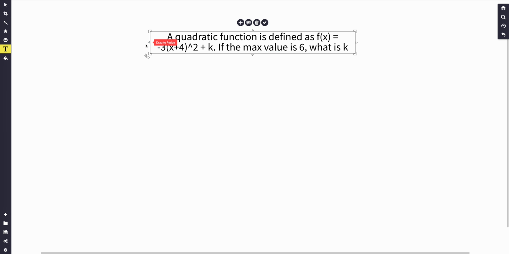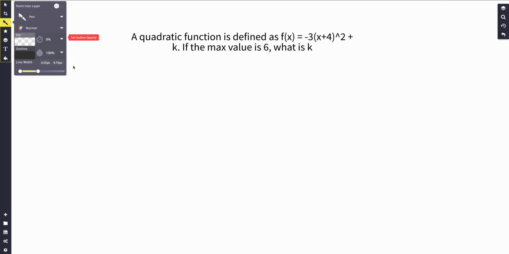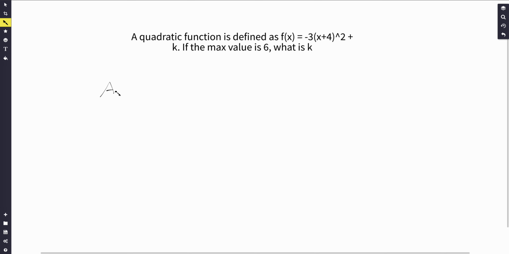If the max value is 6, what is k? And the answer choices are either A, -6, B, 0, C, -18, or D, 6.